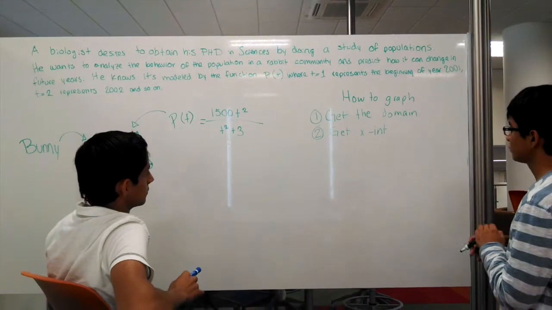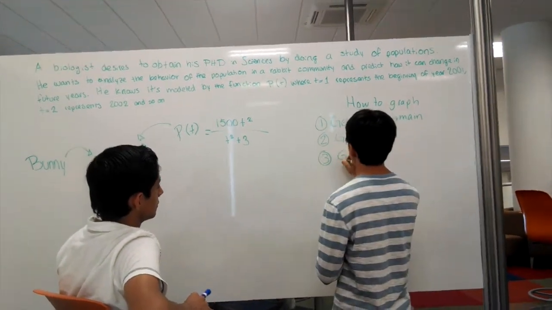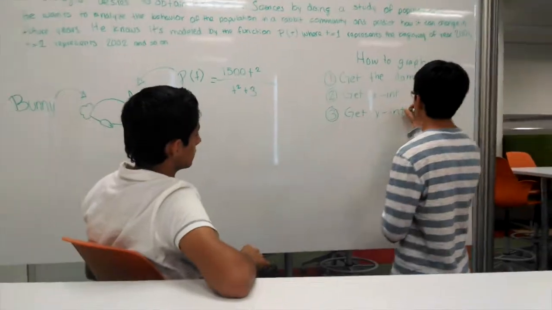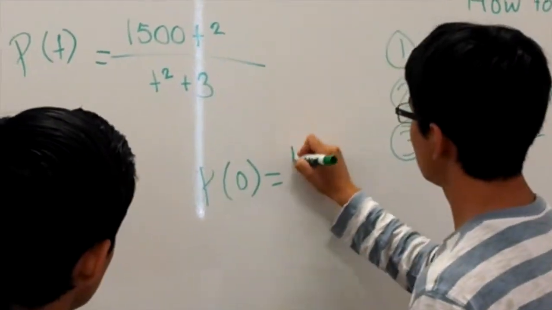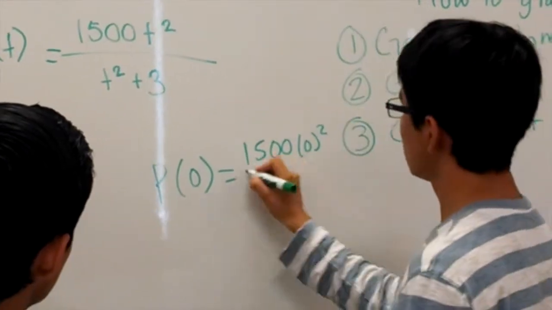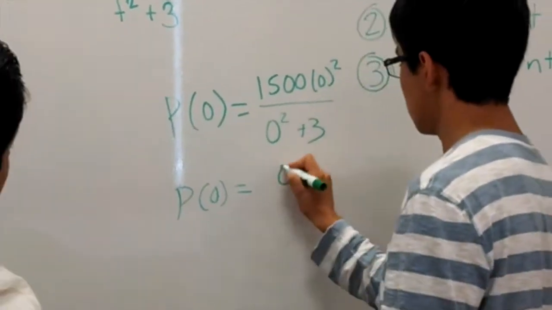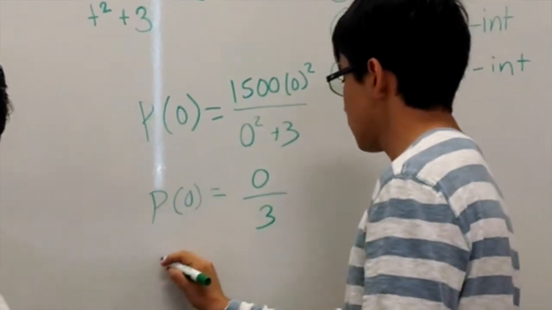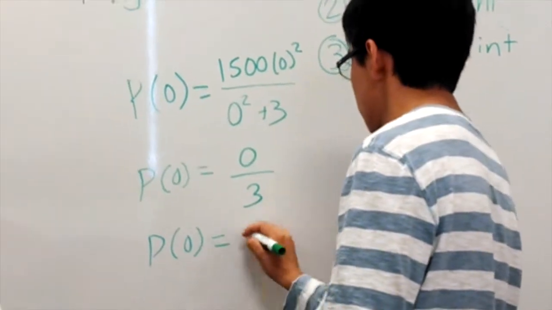For step 3, they had to get the y-intercept. They got this by making the function p of 0.